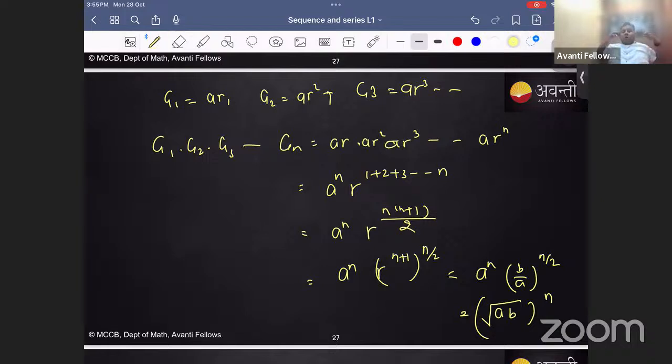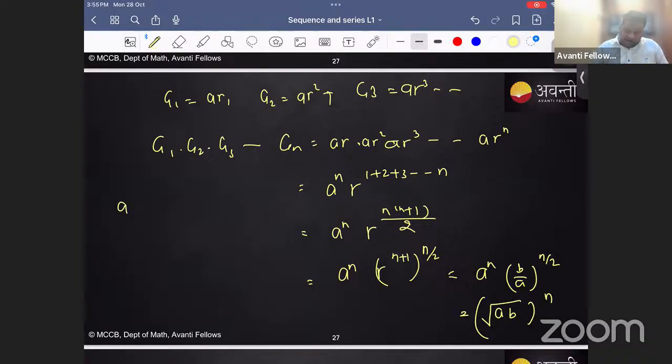So the most important thing here is that if we multiply all n geometric means inserted between two numbers A and B, then the product of all these geometric means is the nth power of the single geometric mean between them.